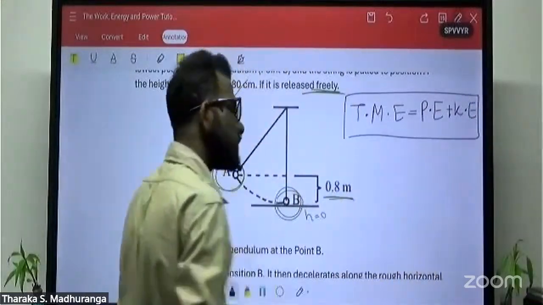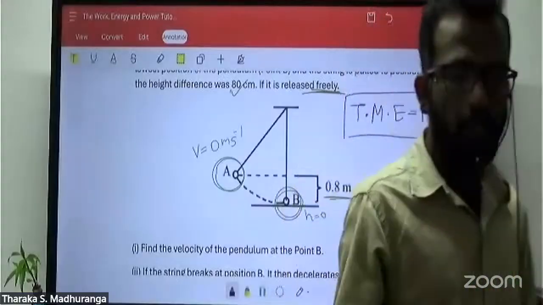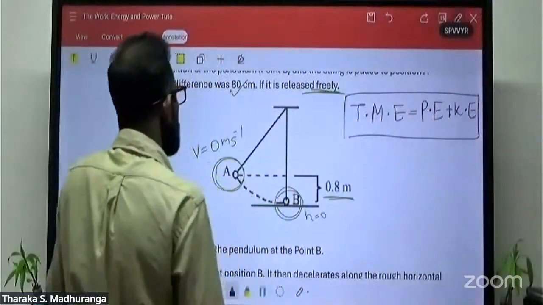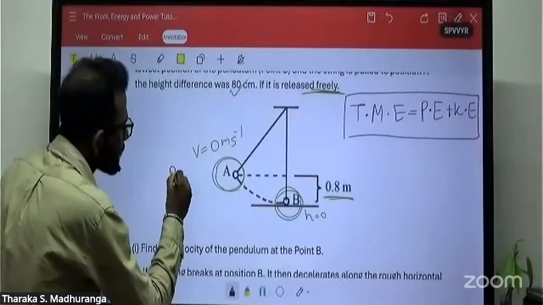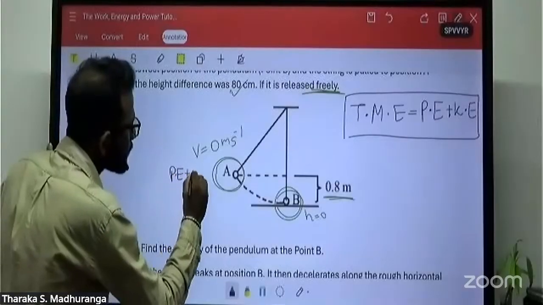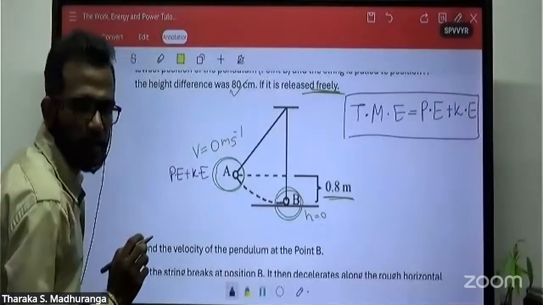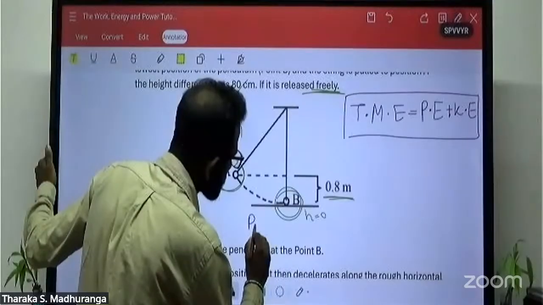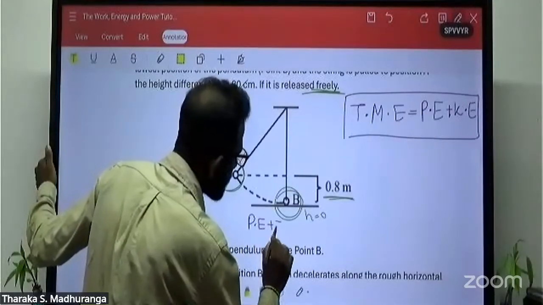In a closed system, the total mechanical energy is a constant value. Simple. Then at point A, the total mechanical energy is potential energy plus kinetic energy. At point B, the total mechanical energy is also potential energy plus kinetic energy.